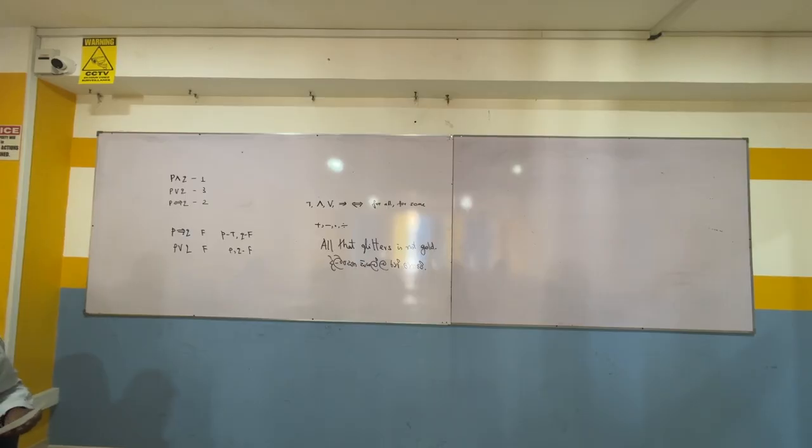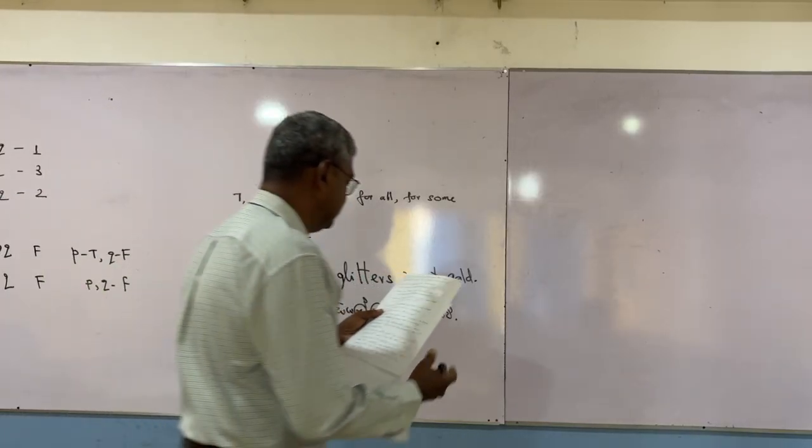Let us look at the problems before we start chapter 1. What I want from you is to try. It doesn't matter whether you can do it or not. Question number 13 is interesting.